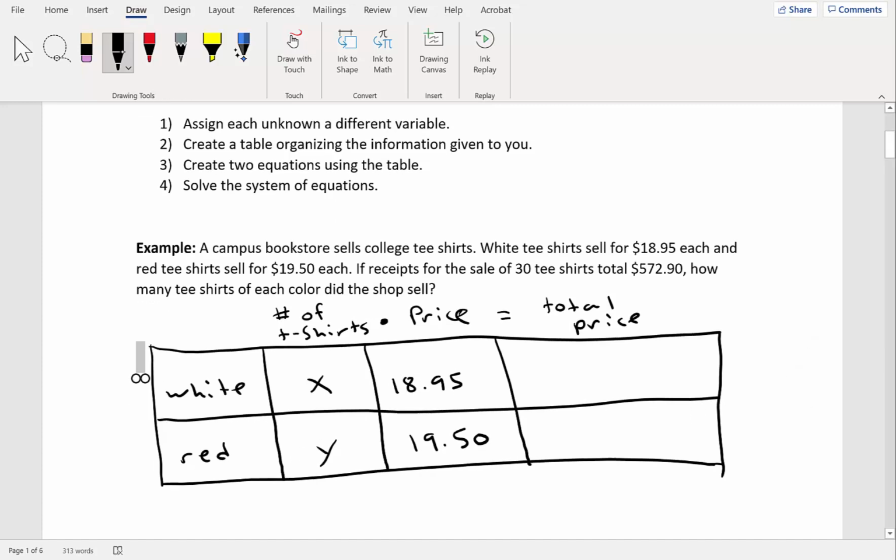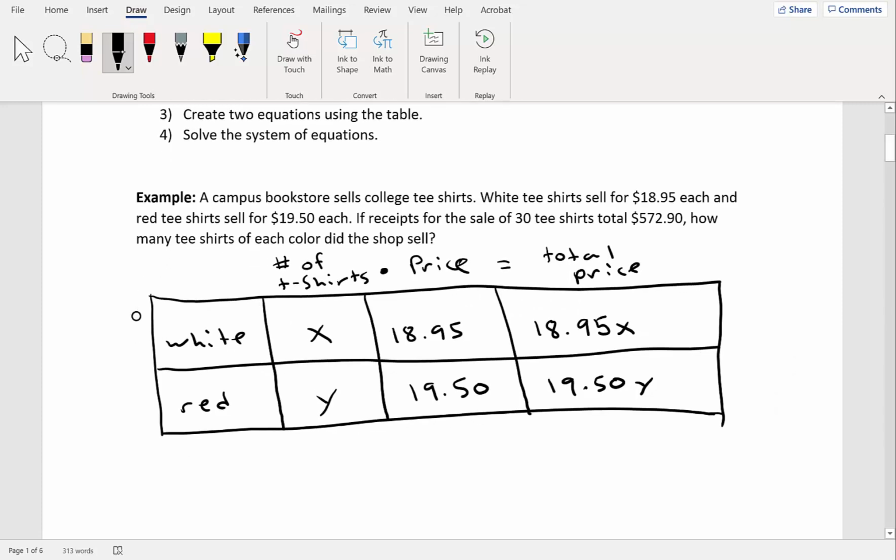Now we can write out an expression for the total price. So the number of t-shirts times the price, this equals the total price. So for white t-shirts, we have an expression of $18.95 times X. And then for red t-shirts, we have $19.50 times Y. Now let's go ahead and create another row.